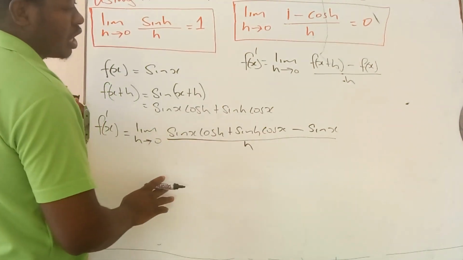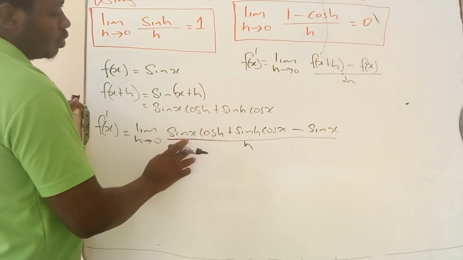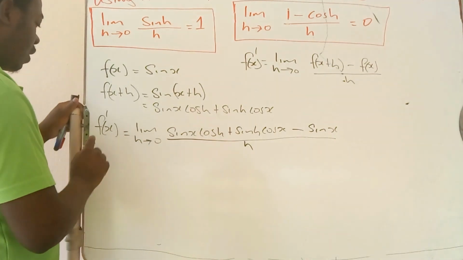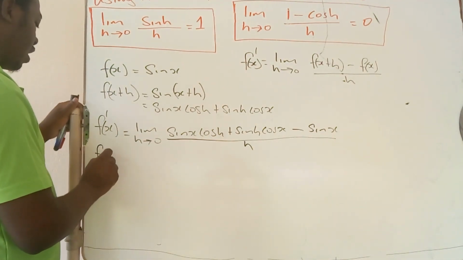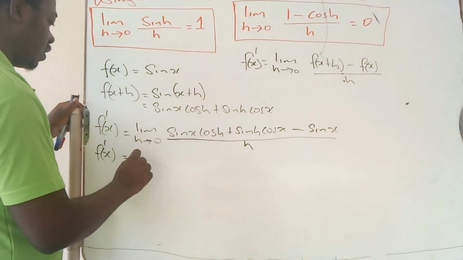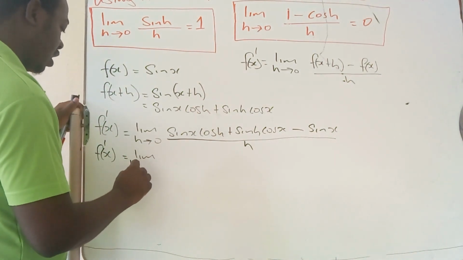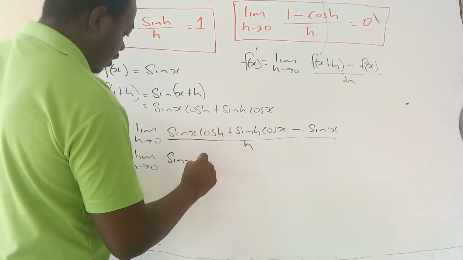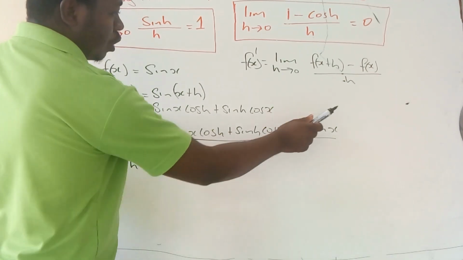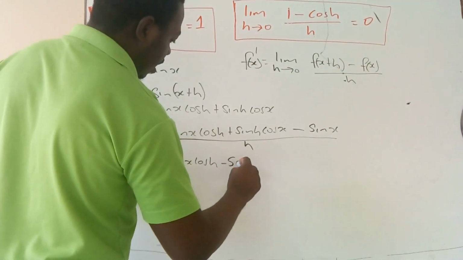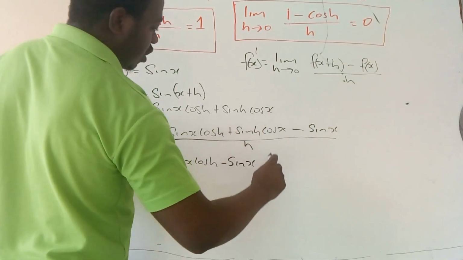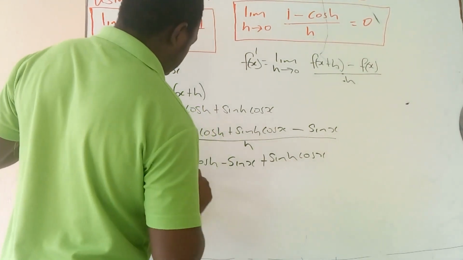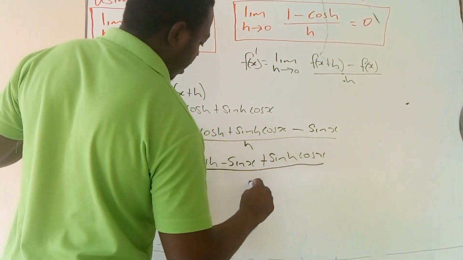Now here we have a term with sine x cos h, and we have a sine x over here. That means we can group those terms together and factorize a sine x out. So if you rewrite back what you have, which is f prime of x is equal to the limit as h approaches 0 of sine x cos h, minus sine x, then write back the middle term at the end, plus sine h cos x, all of that now divided by h.